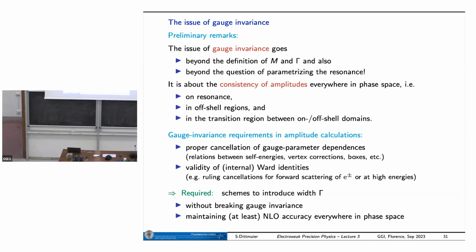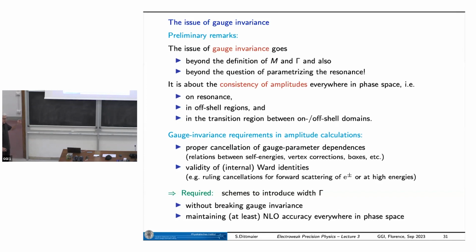You maybe heard about gauge cancellations. I told you at the very beginning that if you do not yet have the full standard model in a prediction, you might end up with cross sections that blow up in the high energy region because you miss cancellations that restore a decent high energy behavior. If you fiddle around with the consistency of your amplitude, it might happen that you destroy such cancellations, so that although your theory is good enough to produce reasonable cross sections, in your predictions you fail to do that because you have destroyed some consistency relation.